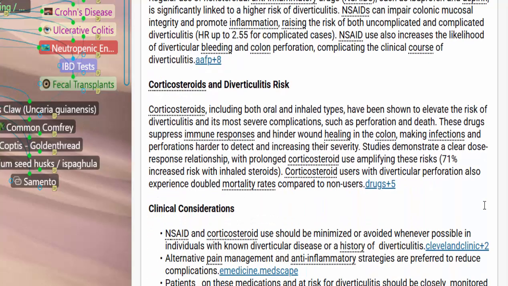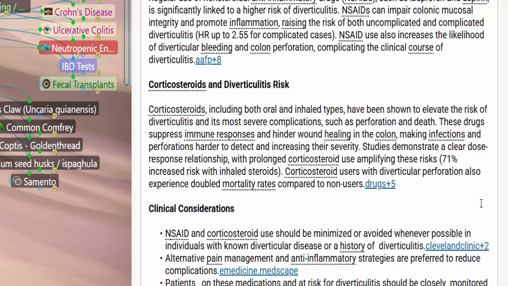Moving on to corticosteroids, if you're using those, both the oral and the inhaled types, well, they also elevate the risk and its most severe complications, such as perforation and death.